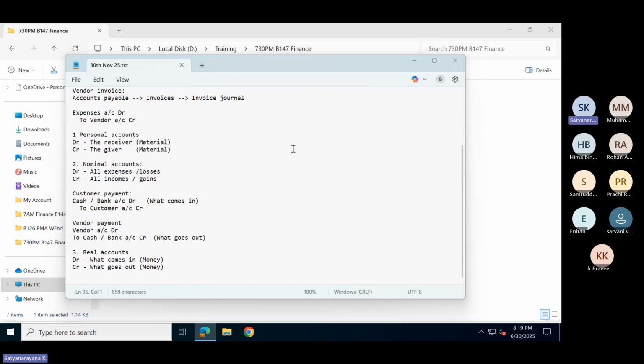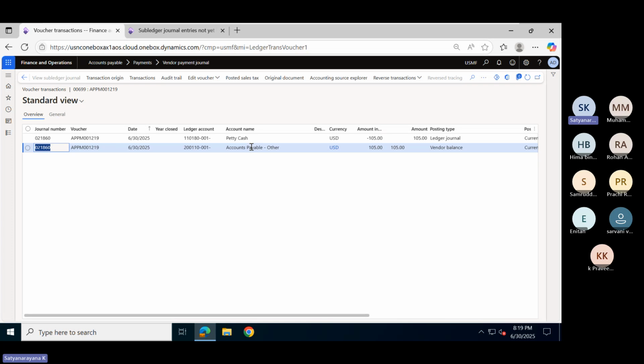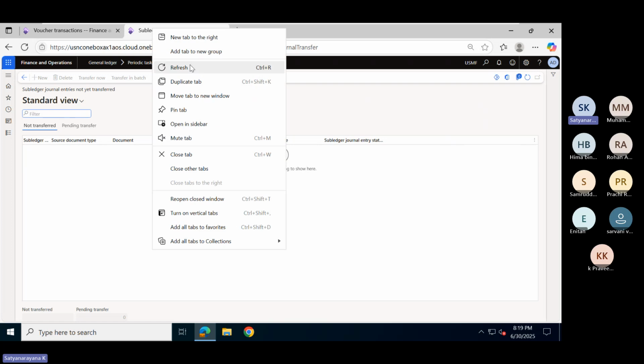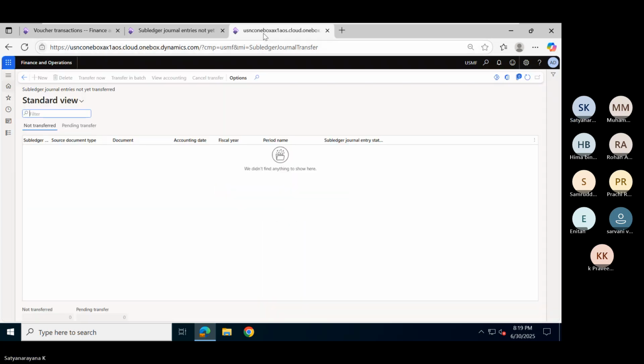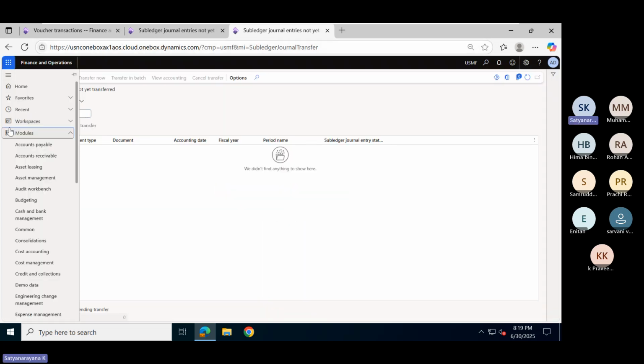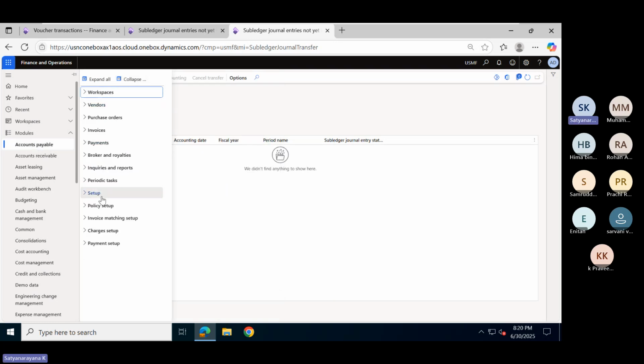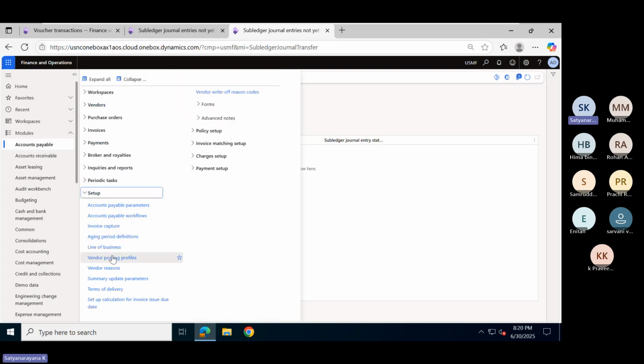Okay, this is called vendor summary account. Actually, from where is it coming? Here, I'm taking duplicate. In the system, go to accounts payable, collapse all, setup, vendor posting profiles.